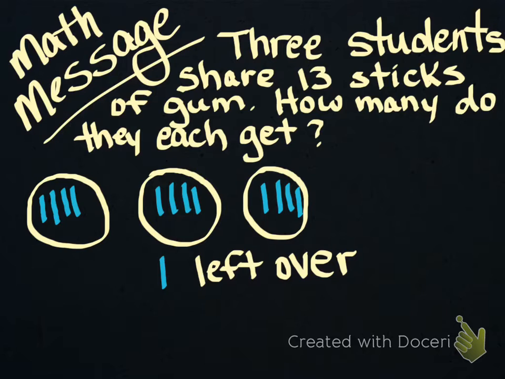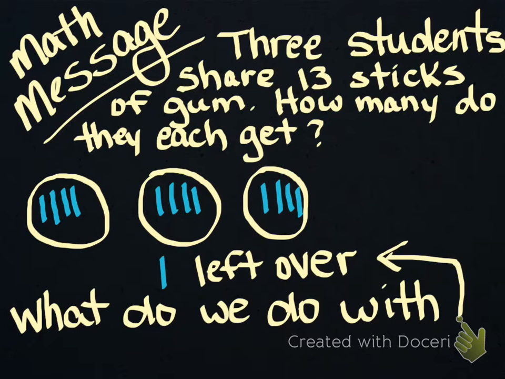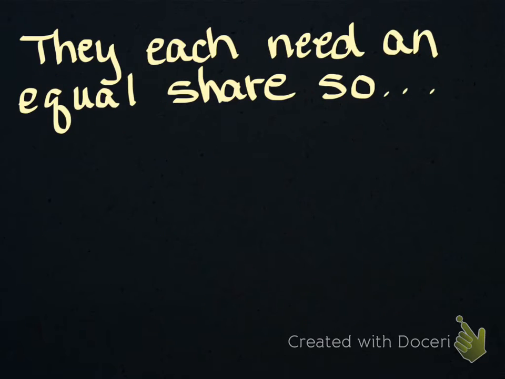So as our lesson stated, we've got to figure out what to do with our remainder. That's what this whole lesson is about. So we're going to do different things with the remainder with each of the problems that we look at today. But for this one, since we're talking about an item that we would eat or chew on, like gum, what are we going to do with it? Well, we need to make sure that each person has an equal share.